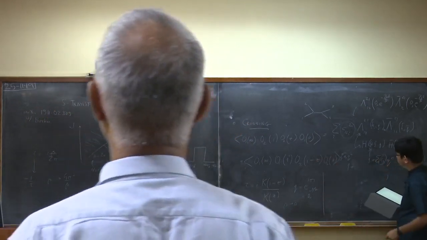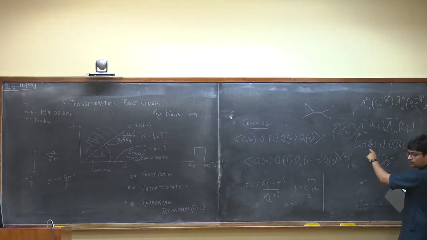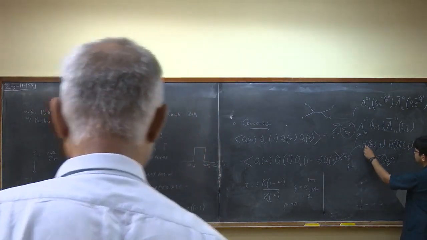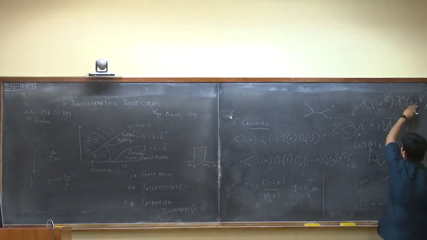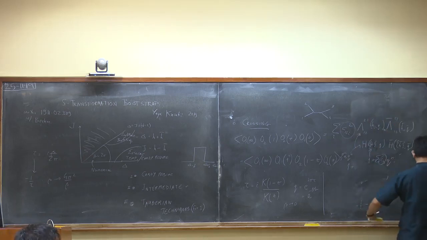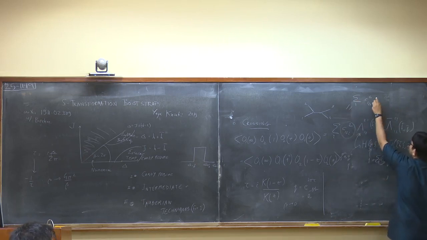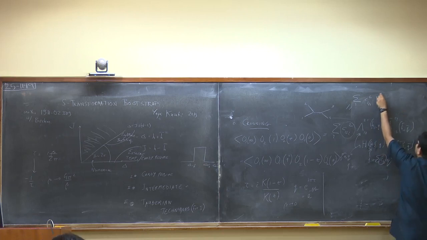Sorry, but what was H? H was part of the block. So I'll write down what I didn't understand. This equals C1 to I squared F, 1 2 3 4.